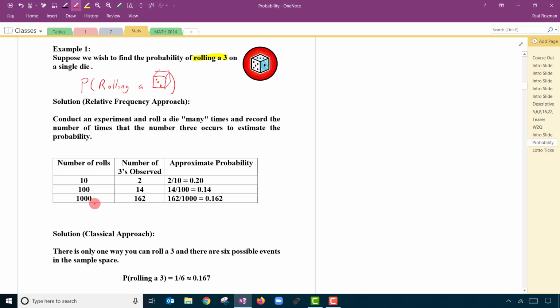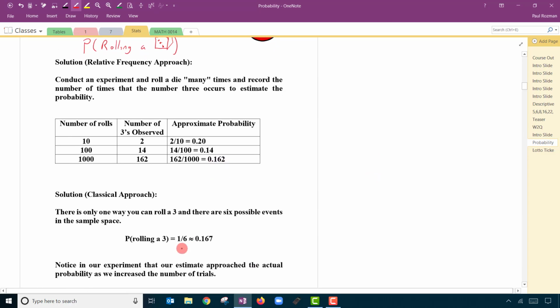At 1,000 rolls, I had seen 162 3s. Now, that estimate is getting pretty close to the actual value. You can see I was at roughly 16% of my rolls, which if you calculate 1/6, you'll see that these two numbers were pretty close, to 2 decimal places I was matching.